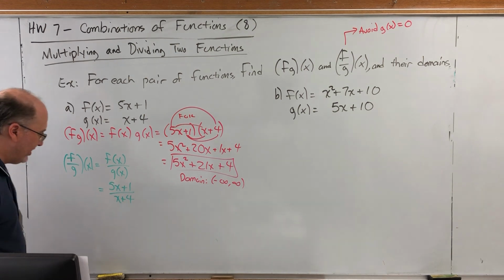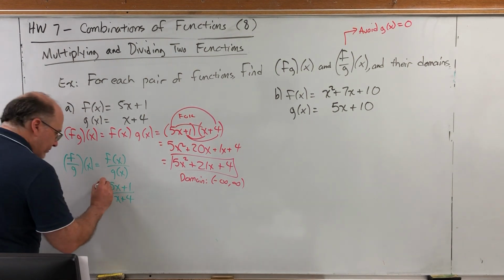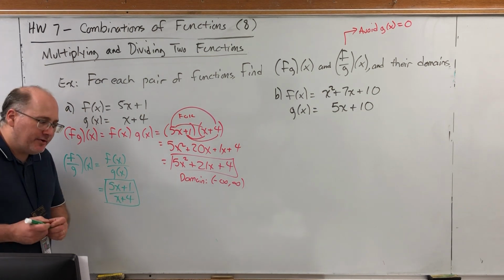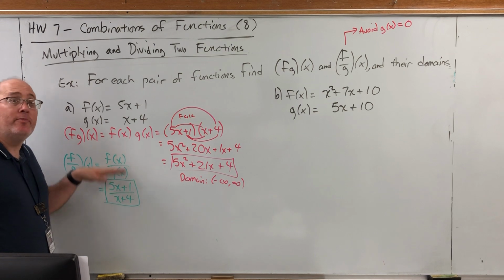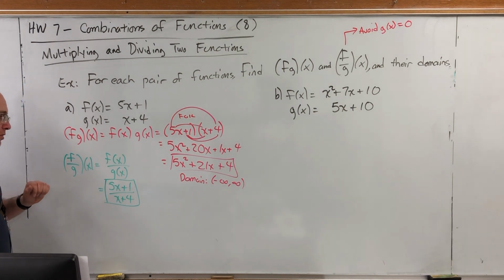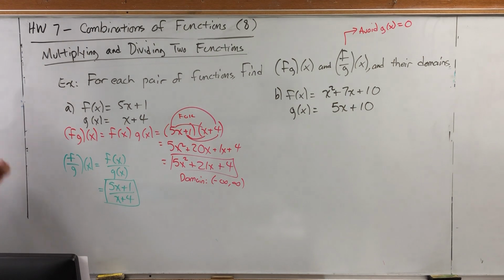Nothing in this fraction cancels. So what do we do with it? Nothing. It's done. Well, there is a way to actually do polynomial division. That's down the road. For now, we'll only consider one possible way to reduce this. It doesn't happen in this example. It will happen in the next one.